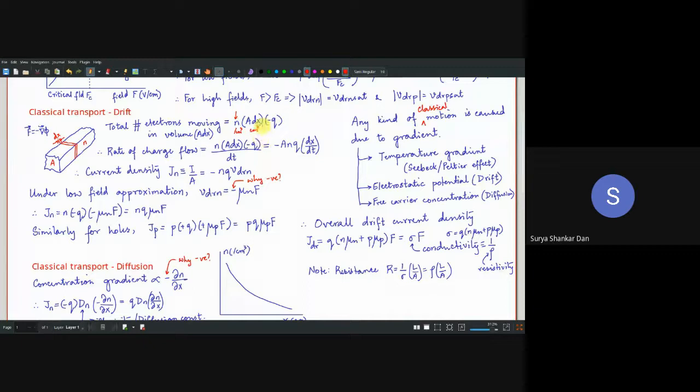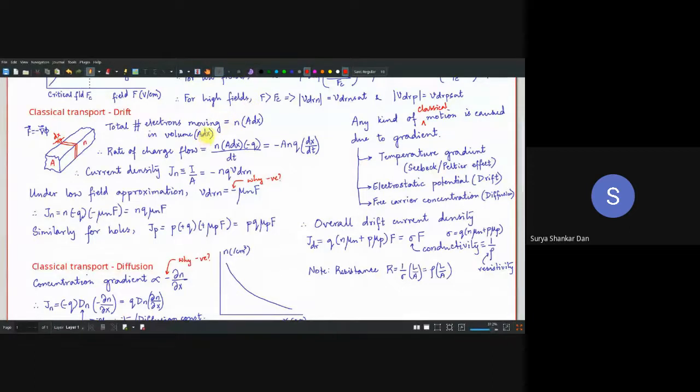So n A dx is simply the number of electrons in this particular A dx volume, multiplied by the electronic charge, minus q. That gives you the total charge.